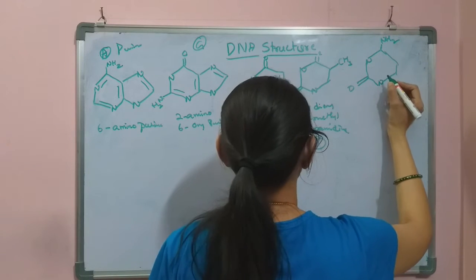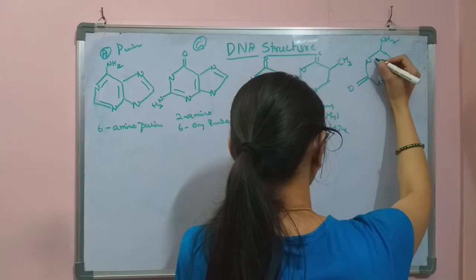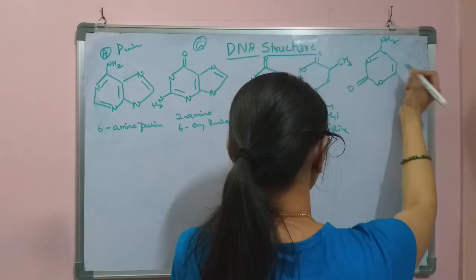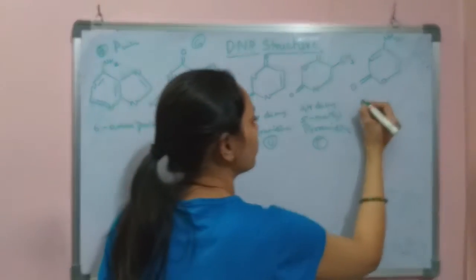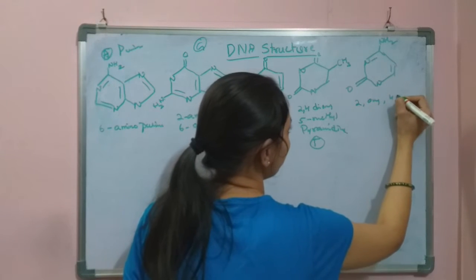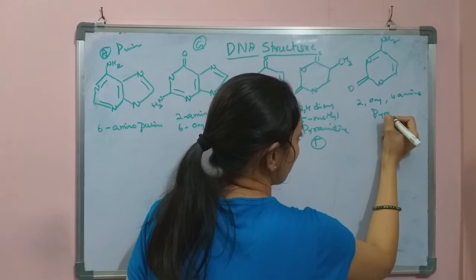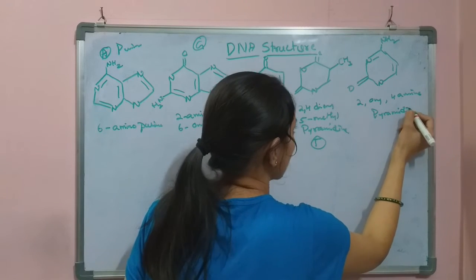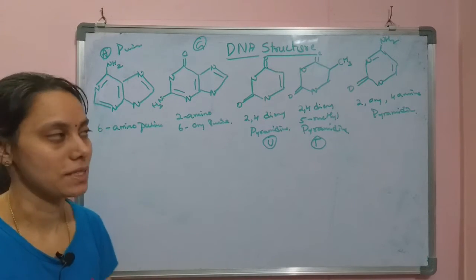So that is what cytosine is. It is 2-oxy 4-amino pyrimidine. So these are the basic structures of nitrogen bases.